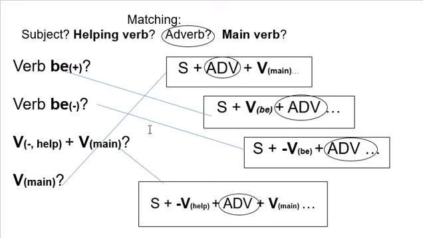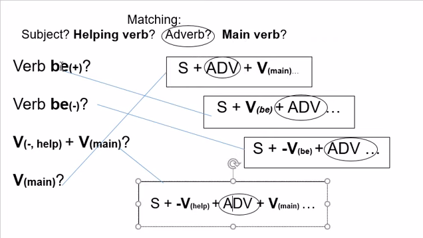So if you have a main verb, you put the adverb before the main verb. You do it with a positive verb, and you can do it with a negative helping verb. The adverb goes before the main verb here, and the adverb goes before a positive main verb here. All right.